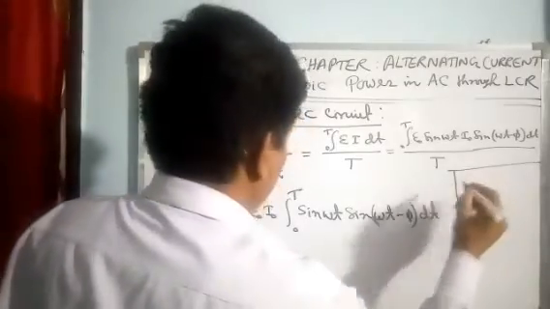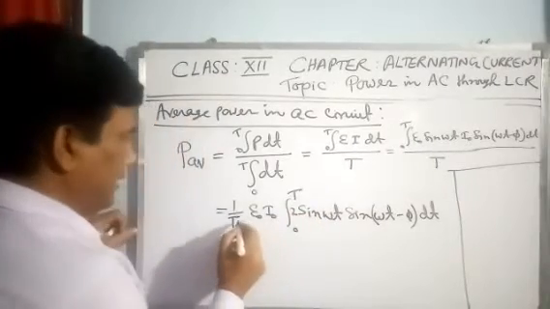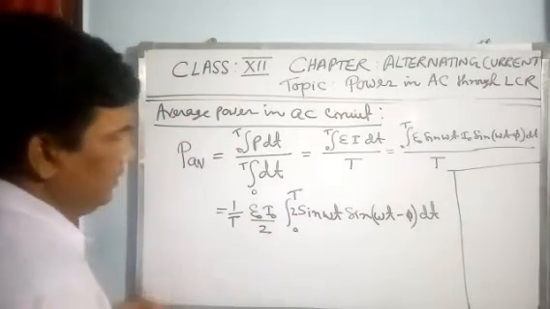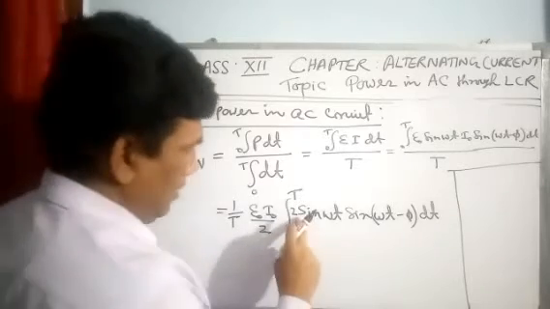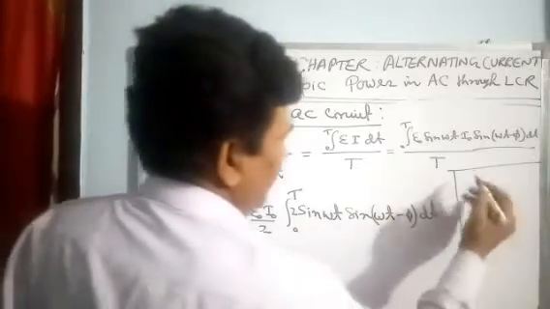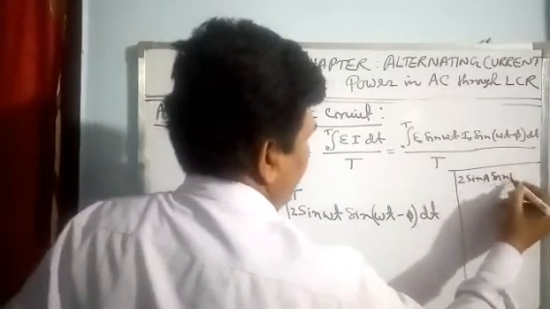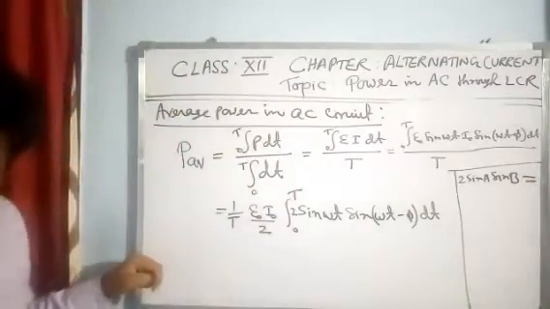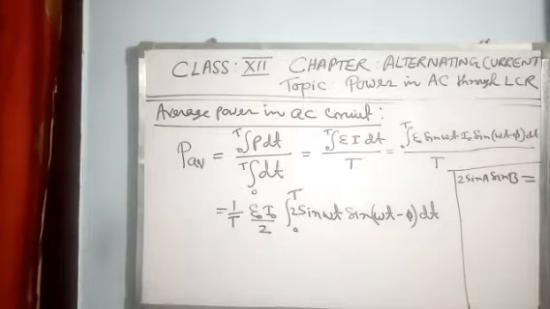One thing we can do: if I multiply it by 2, then I need to divide it by 2 so that they neutralize. After putting 2 here, I get this in the form of 2 sine A sine B. And I understand that 2 sine A sine B equals what?